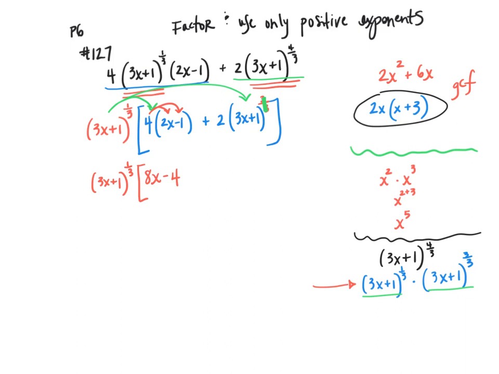I'm just distributing a 2, and that gives me a positive 6x plus 2. Now I still need to simplify that big bracket, so I'm collecting like terms. 8x plus 6x is 14x. And then we have a negative 4 plus 2, which is minus 2.